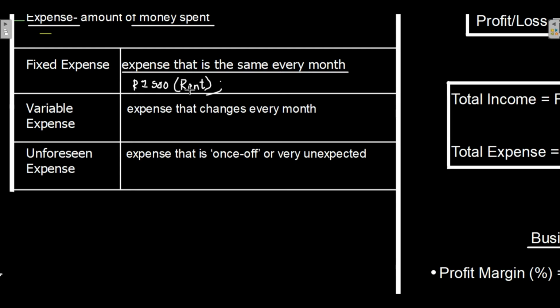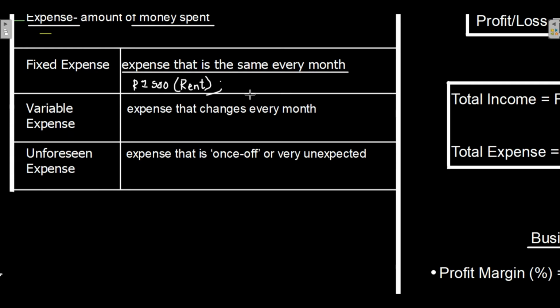So this is on a personal level. When it comes to a business, a business will pay, for an example, electricity, that will be the same throughout the month. It could also be operational costs, but operational costs might change here and there.